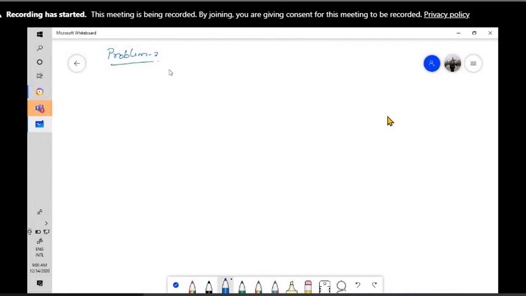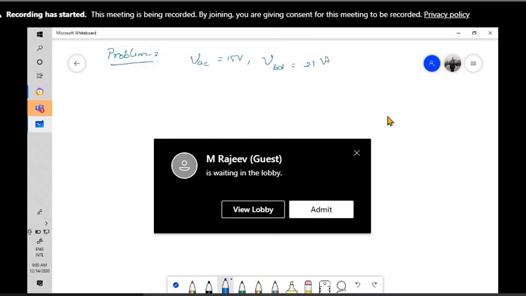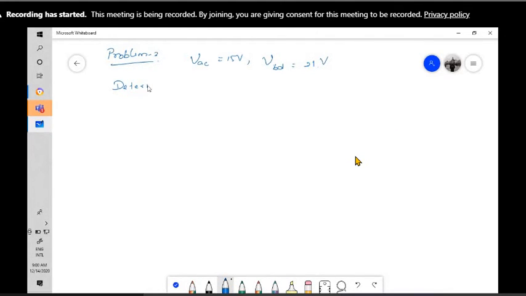Now in the previous circuit, let's say it is given that the voltage drop between the points A and C is 15 volts, and the voltage drop between the points B and D is given as 21 volts, and determine what V1 and V2 are.